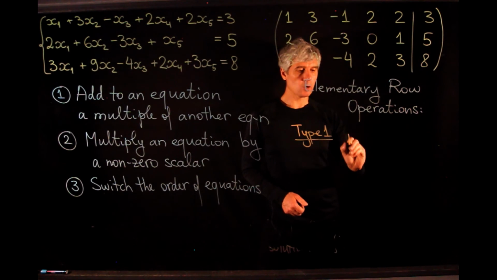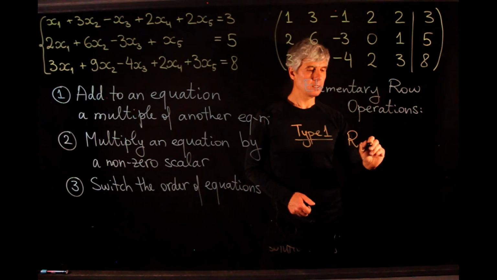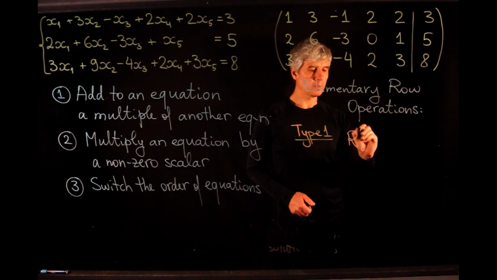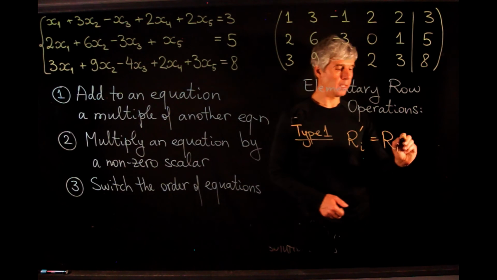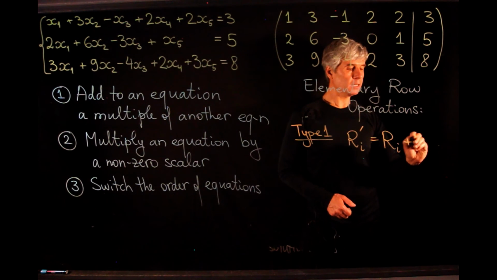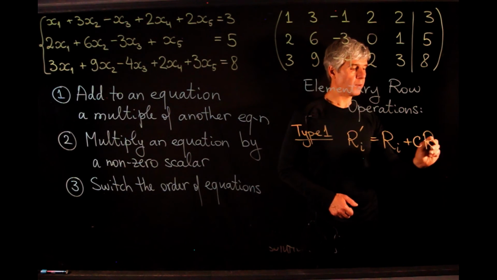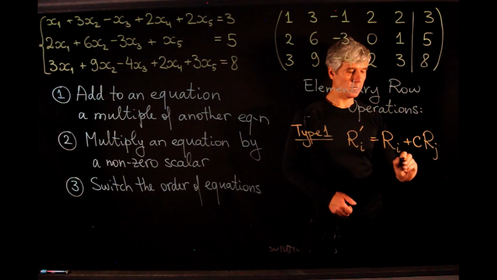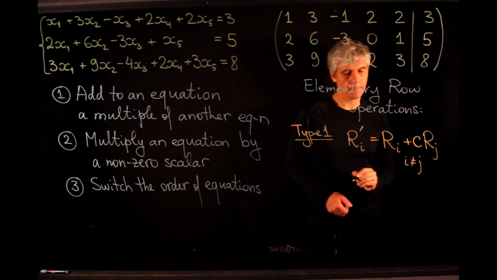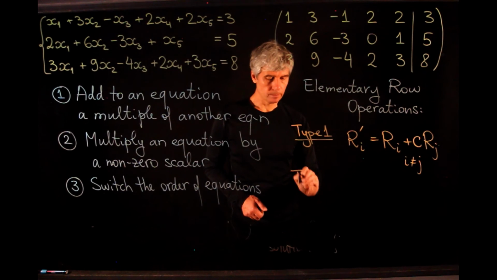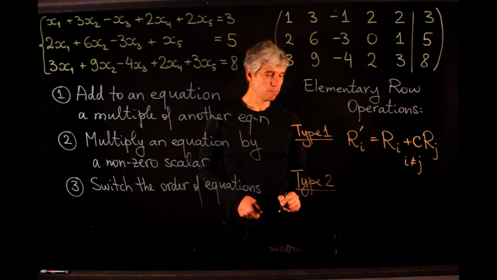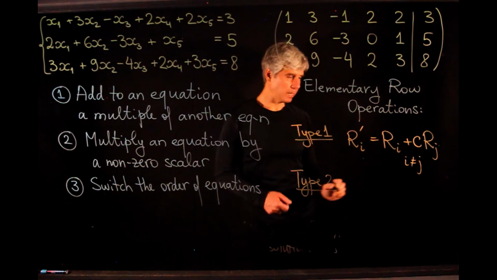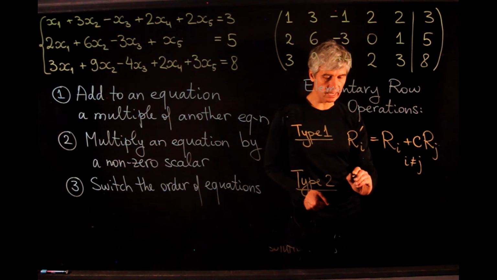So we take row number i and make a new row number i by taking old row number i and adding a multiple of row number j, where i is different from j. So type 2. Multiplying a row by a non-zero scalar.